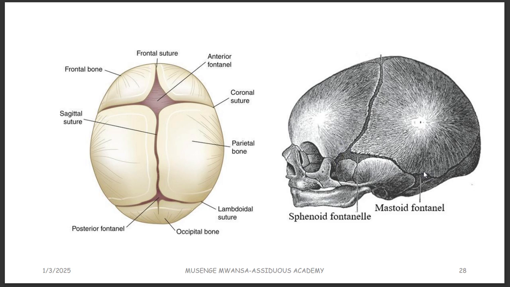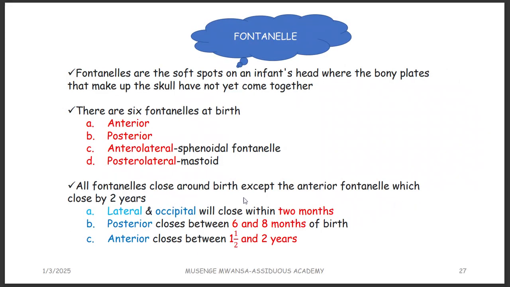And then we have this one which is posterior and on the lateral side. We call it the posterolateral fontanelle or the mastoid, because it is near the mastoid process. The mastoid process is part of the temporal bone. We'll discuss that.